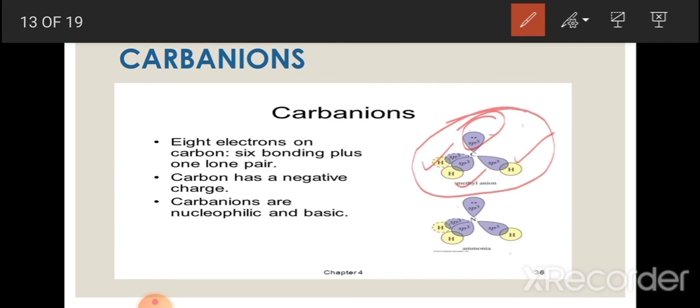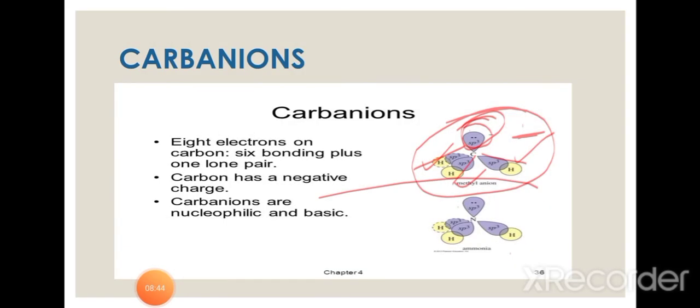So 8 electrons on carbon, 6 bonding. One electron of carbon is bonded with hydrogen, another with hydrogen, the third also with hydrogen, CH3, and these 2 electrons and a negative charge. This is carbanion. Okay, understood? So chemical species having a carbon atom containing 8 electrons in its valence shell and bearing a negative charge is called carbanion.